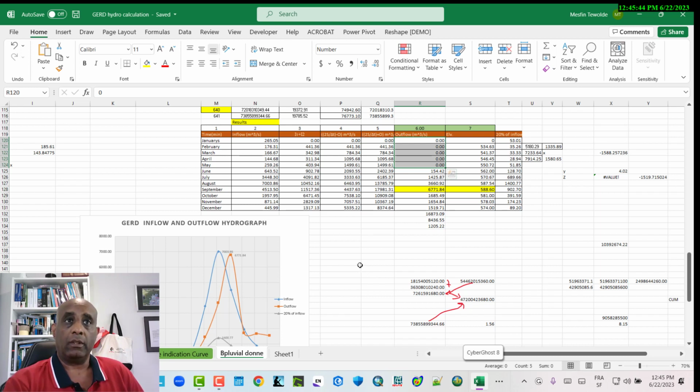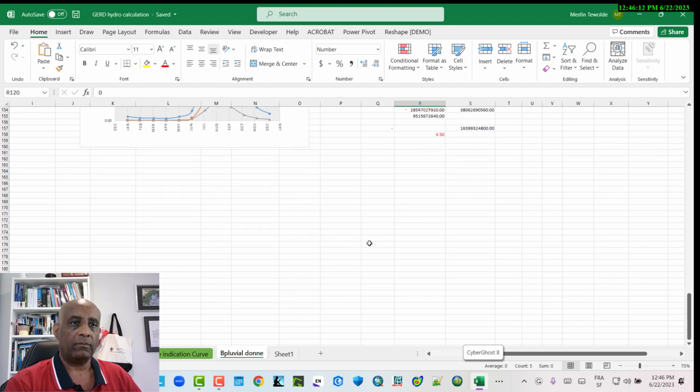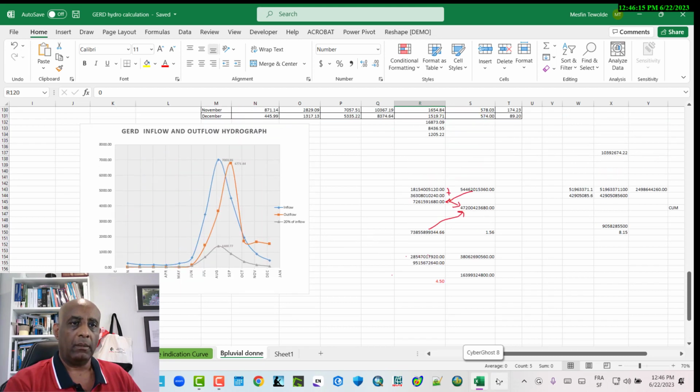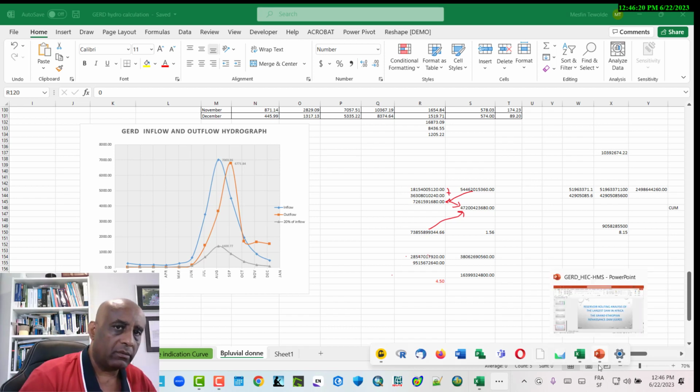We can simply calculate that 20% of inflow can be released, but it's not necessary actually. And this is manually. I have calculated the volume of water and so on. Anyway, that is it. But now let us see the HEC-HMS.